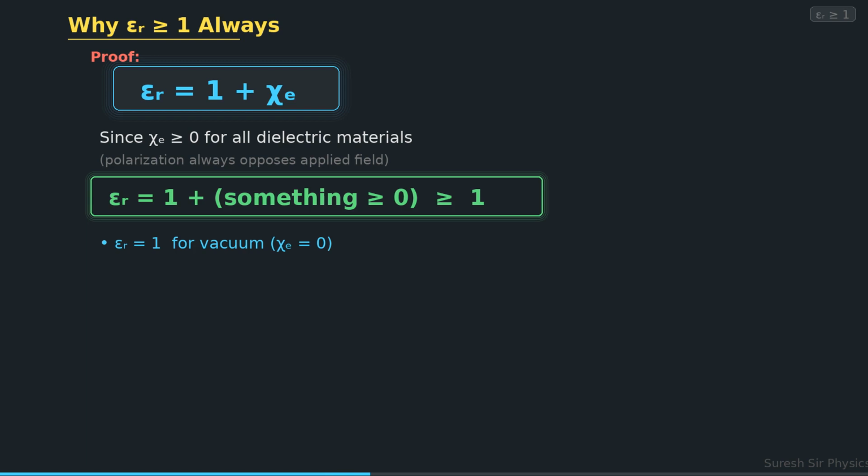Epsilon r equals 1 for vacuum, chi E equals 0, no material. Epsilon r is greater than 1 for all real dielectrics. Also, since E equals E0 over epsilon r and E is less than or equal to E0, the field can only decrease, not increase, inside a dielectric. We again get epsilon r greater than or equal to 1.